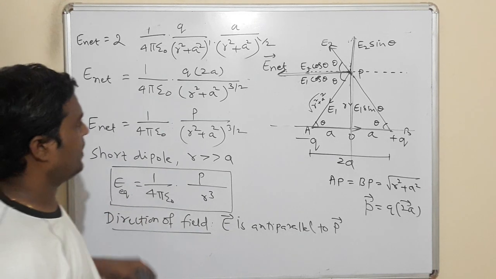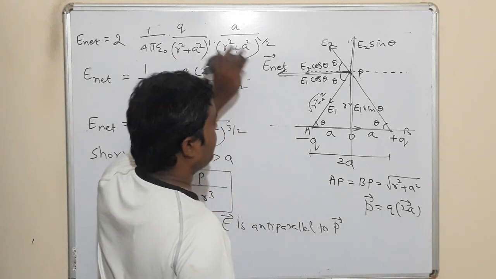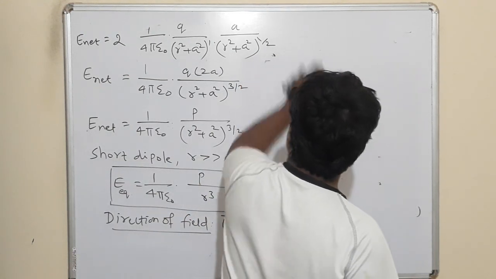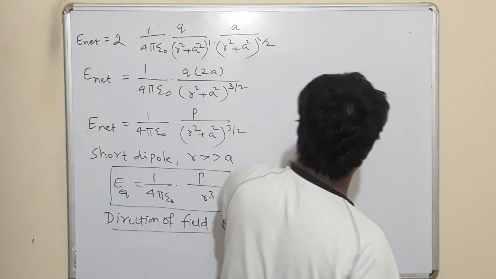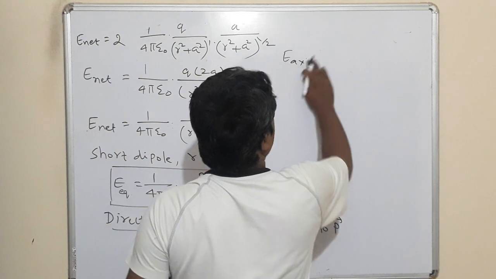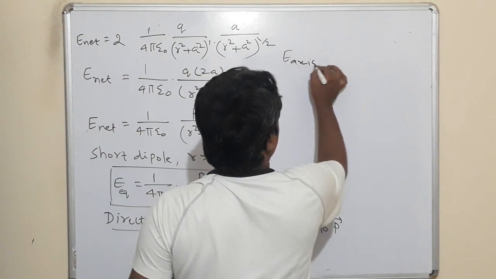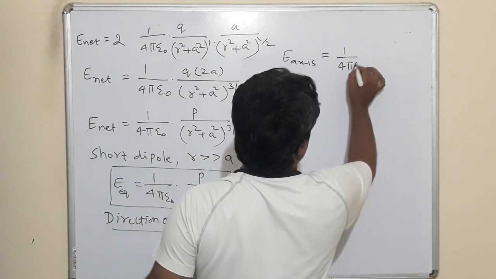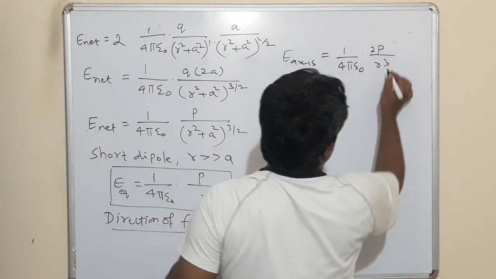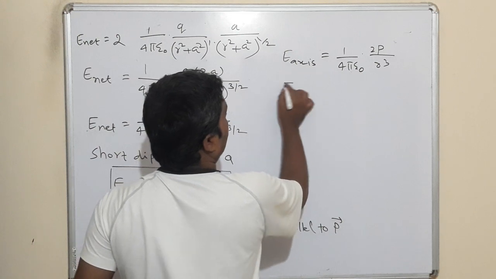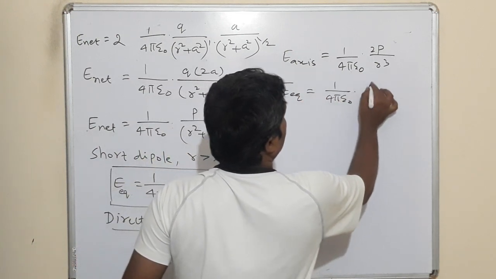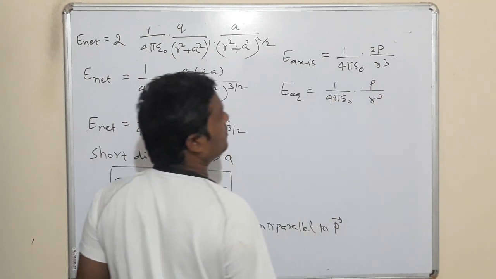Both these things we have written and understood very clearly: the electric field due to a dipole on the axial line and equatorial line. On the axial line it is equal to 1 by 4 pi epsilon naught 2P by r cube. On the equatorial line it is equal to 1 by 4 pi epsilon naught P by r cube.